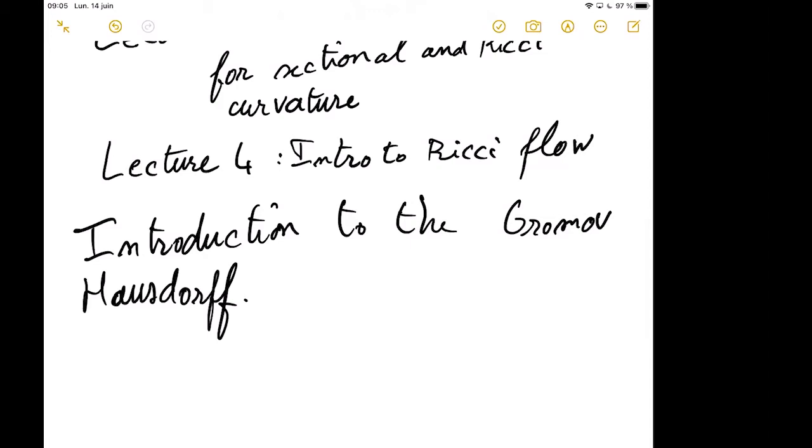I don't remember who's giving those courses, but anyway, there are courses on Gromov hyperbolic metric spaces and on CAT spaces, and they will use at some point the Gromov-Hausdorff distance.